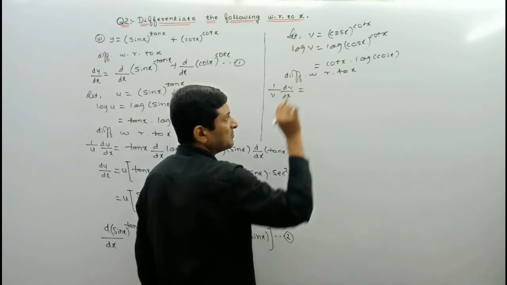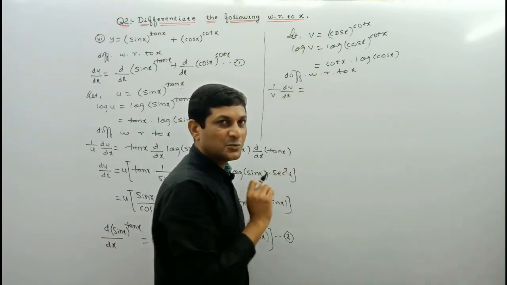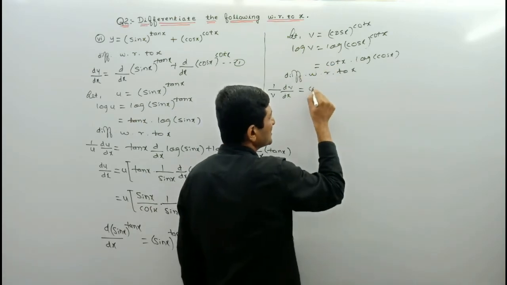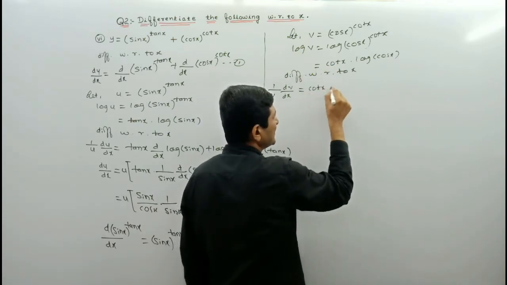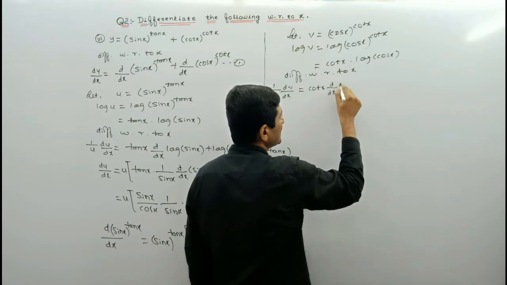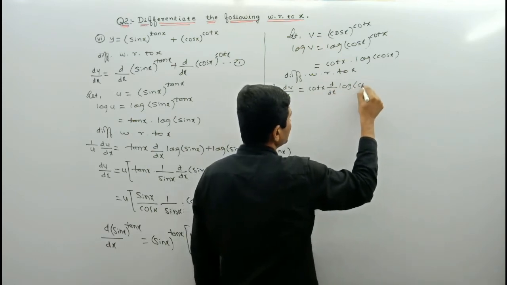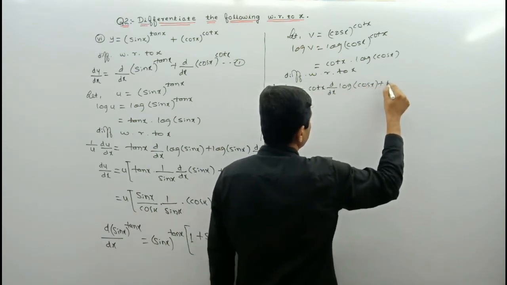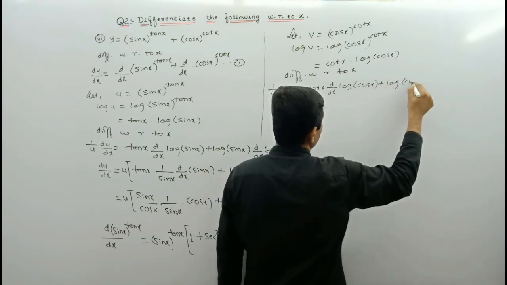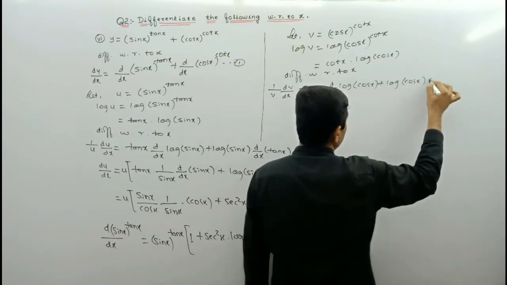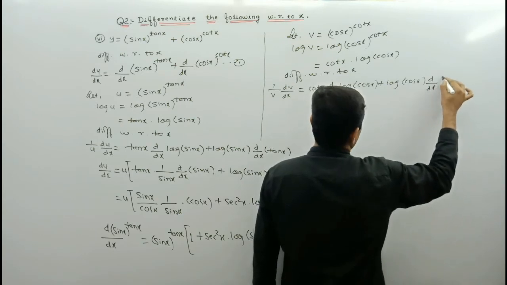So the differentiation of this side can be found out applying the product rule. According to the product rule, keep the first term as it is, means cot x as it is, into derivative of the second term. What is the second term? Log cos x, plus the second term as it is, log cos x as it is, into derivative of the first term, means derivative of what? Cot x.